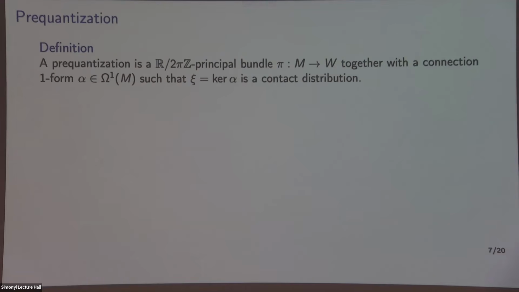So, okay, what is a prequantization? A prequantization is a special kind of S^1 principal bundle, M over W, that comes with a connection one-form, alpha, such that the kernel of alpha is a contact distribution. And some remarks about this definition.